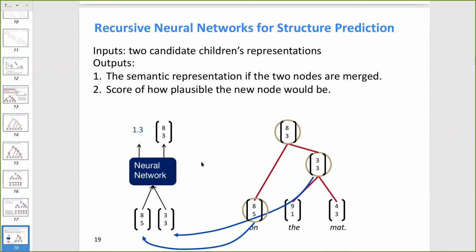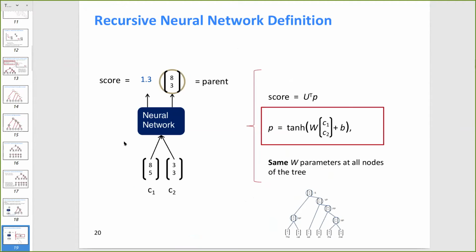One is the final representation for this phrase, and also a score, 1.3, saying that the word "on" can be merged with the phrase "the mat". So internally what happens is, as usual, we have our weight matrix W that gets multiplied by the input, and then we have the bias term. Tanh here is our activation function.